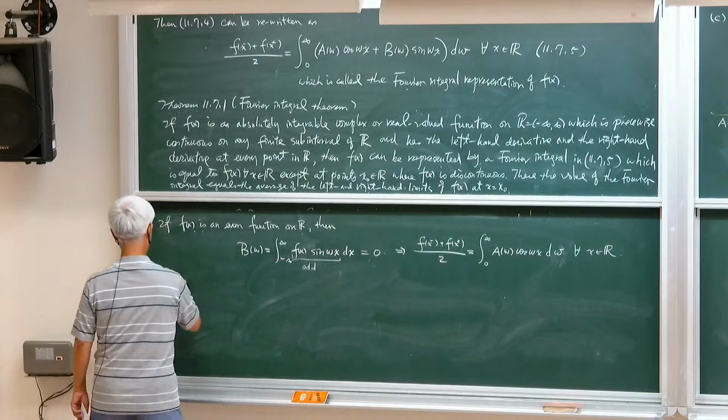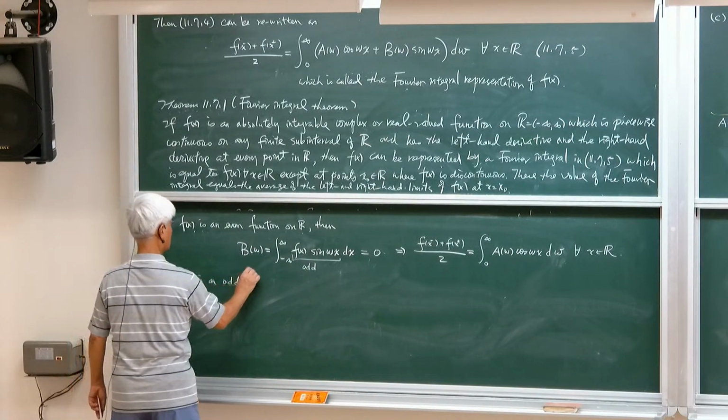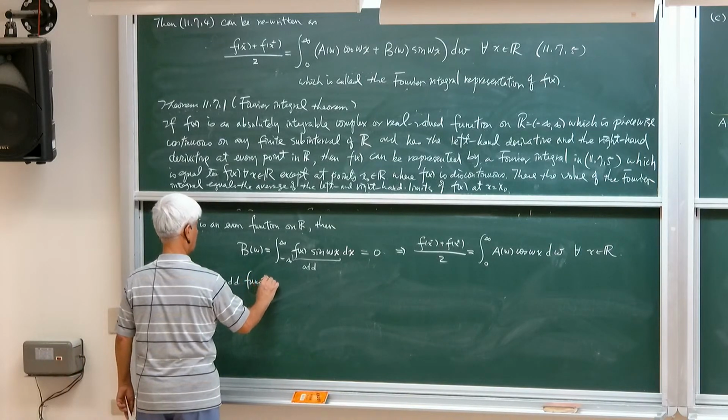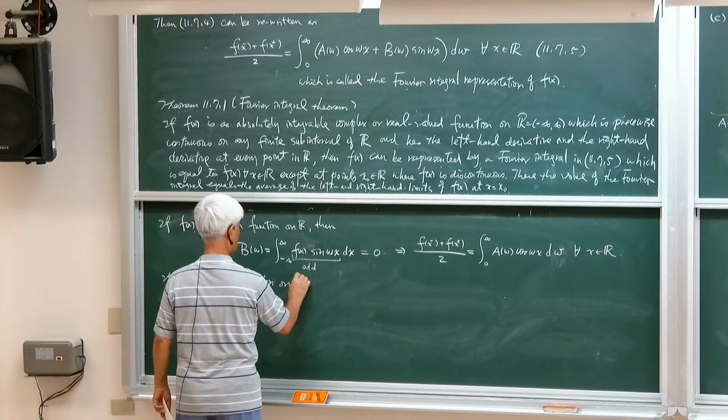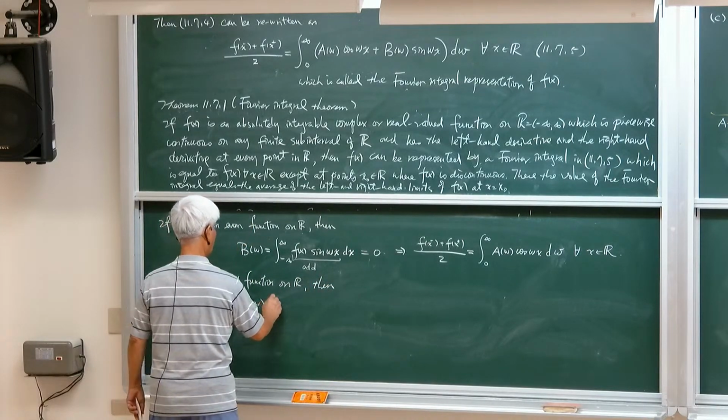Now if f of x is an odd function, then the A omega.